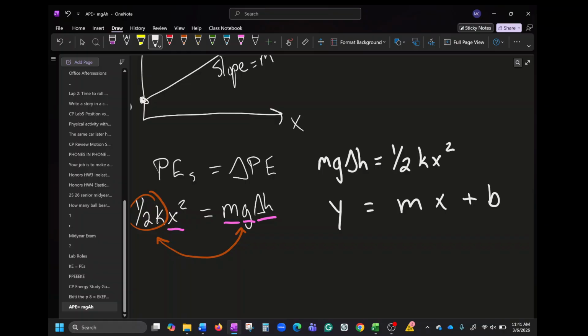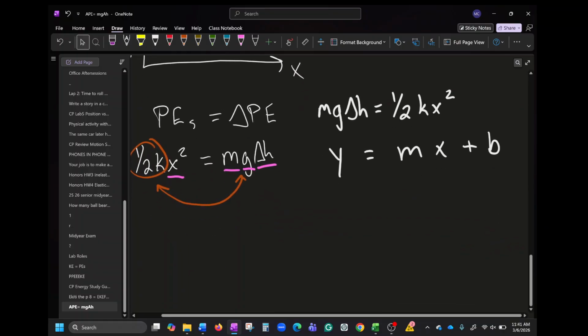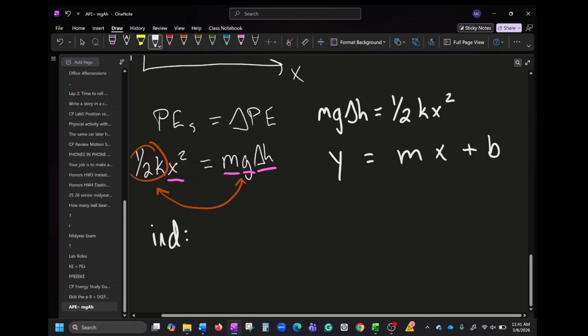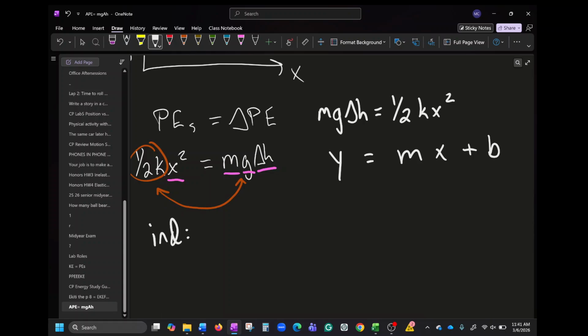And so we should ask the question: in this actual experiment, what is the independent variable and what is the dependent variable? The independent variable in this experiment is very explicitly x, the compression distance. That is the independent variable because that is the thing that we are actively controlling.